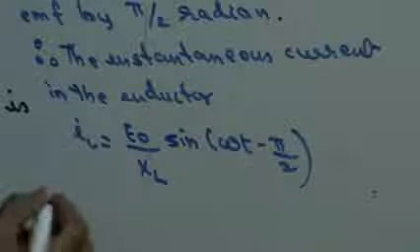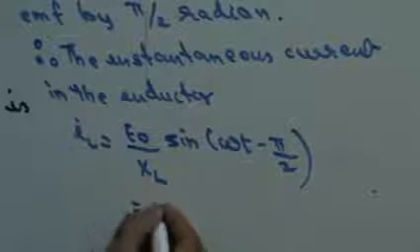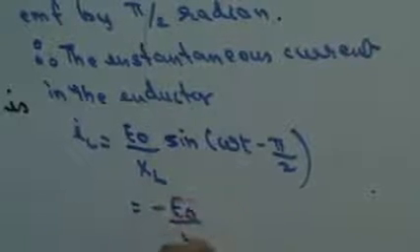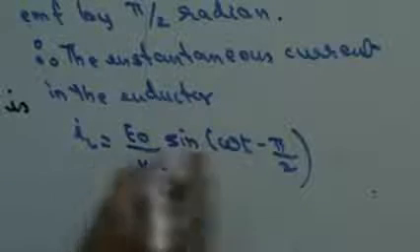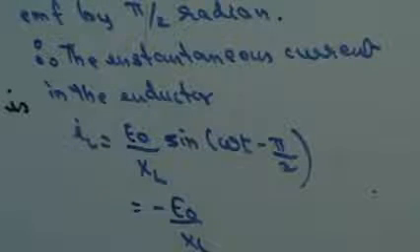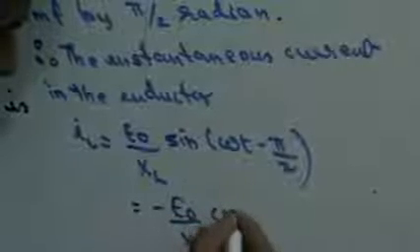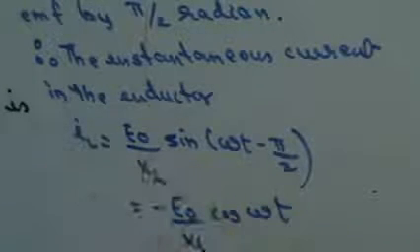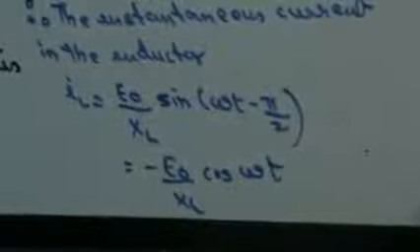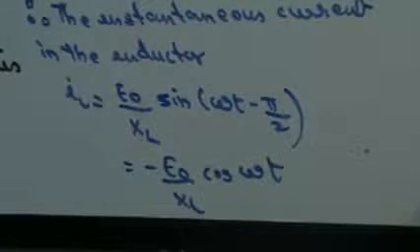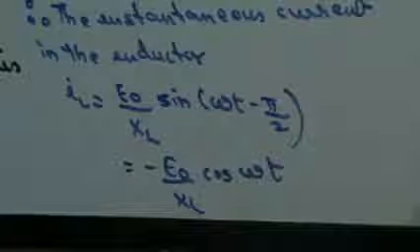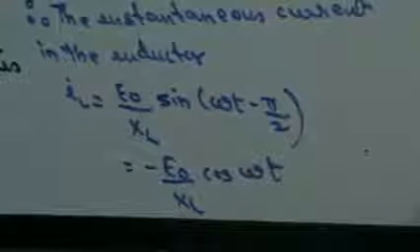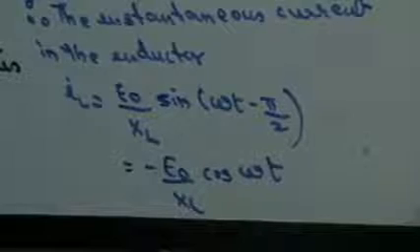So this will work out to minus E0 upon XL sine(pi by 2 plus omega t), and sine(pi by 2 plus theta) is nothing but cos theta. Therefore, the current in the inductor is going to be minus E0 upon XL cos omega t. Fine, do we get this thing clear? Next, let's find out the current in the capacitor.